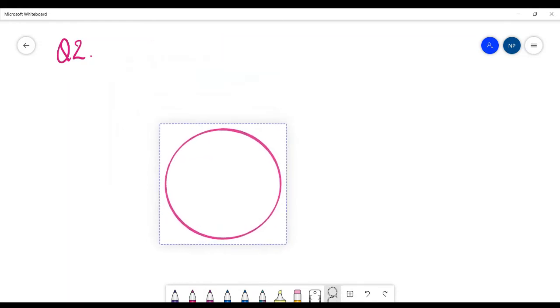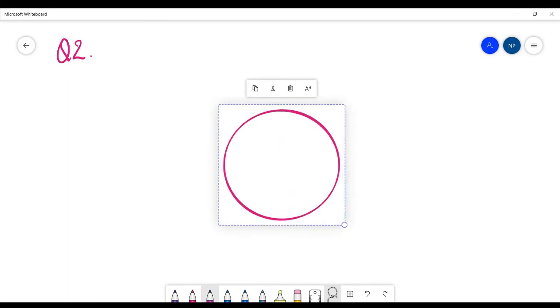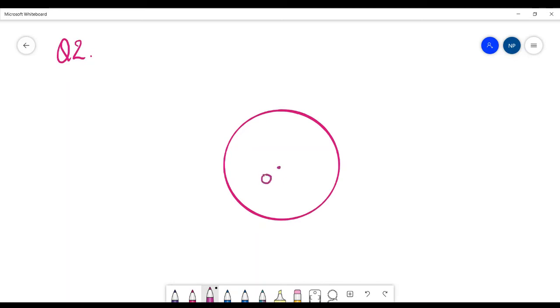This is O. This is Q. This is P. And from here we have T. This is 110 degree. Okay. This line will be joined from here, children. Just draw the diagram correctly.